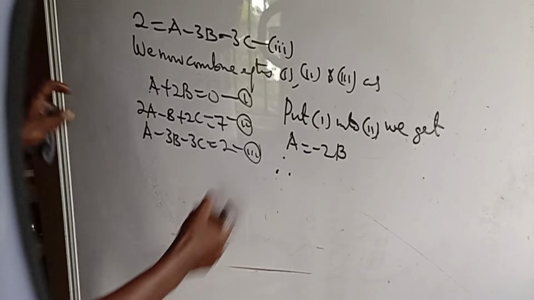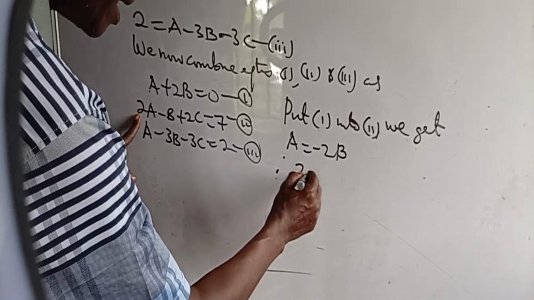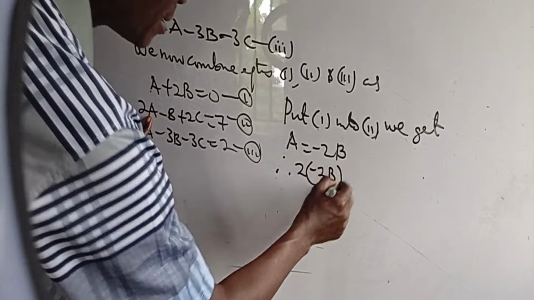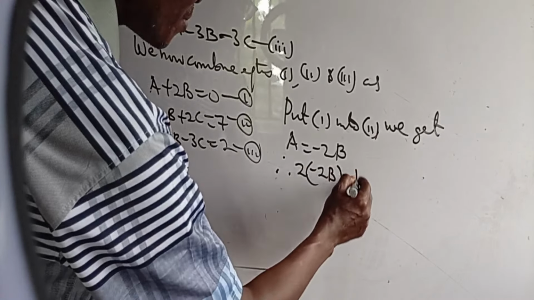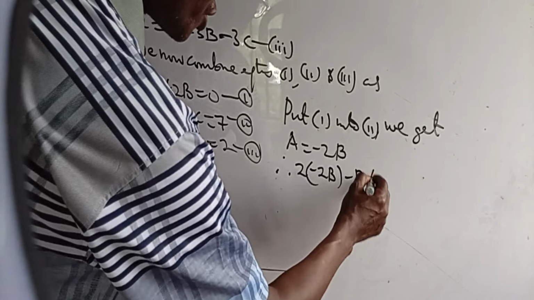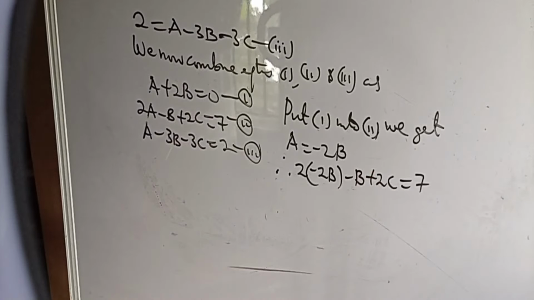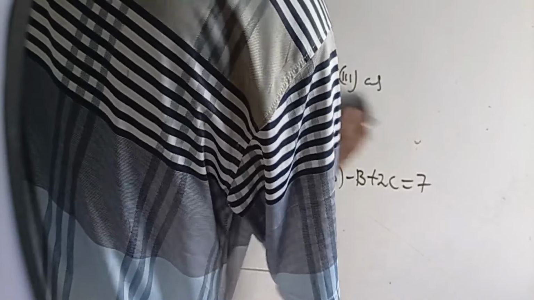Therefore, equation 2 now: 2 into my a, which is now minus 2b, minus b plus 2c equals 7. Let me write it this way so that you understand it very well.